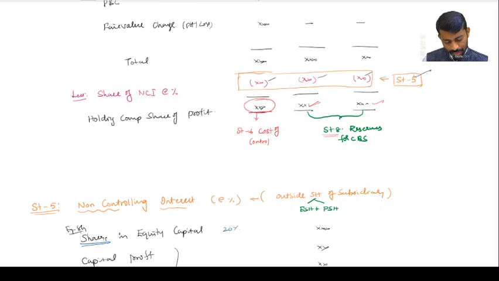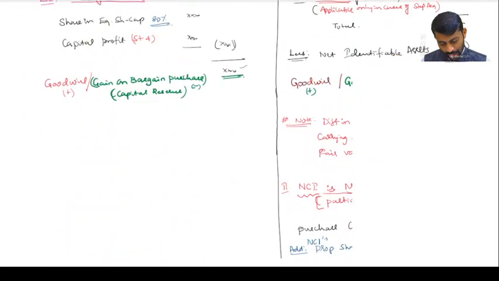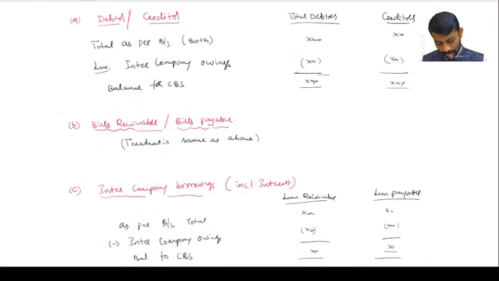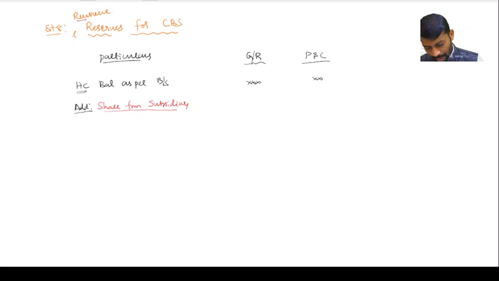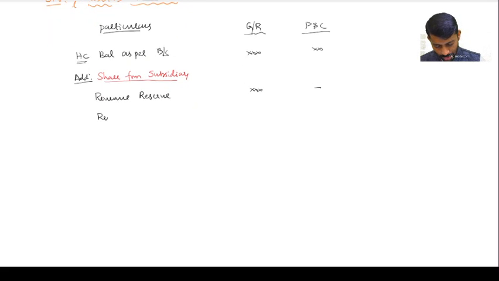That portion will come and add here. So share from subsidiary: revenue reserve will be added in general reserve, and revenue profit will be added in P&L. This is general reserve, keep in mind. Are you understanding slowly?